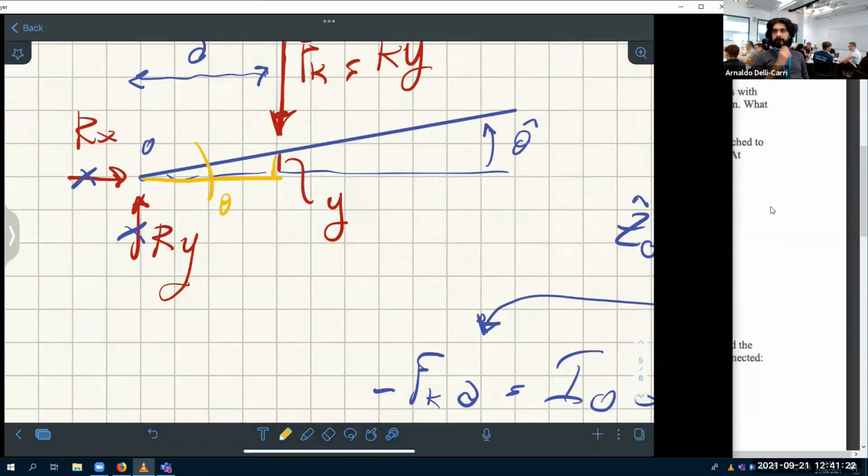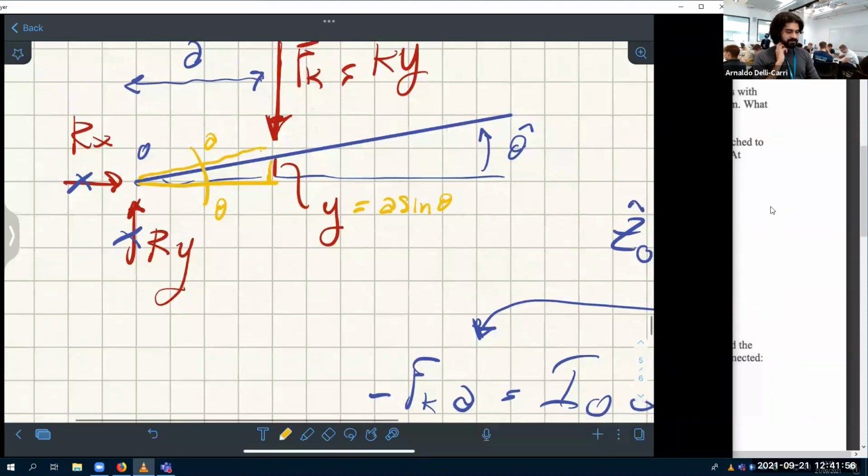This is A. With theta in your equation, you've got a double derivative. So if this is A and this is theta, how much is y? A sine theta. So y is A sine theta.